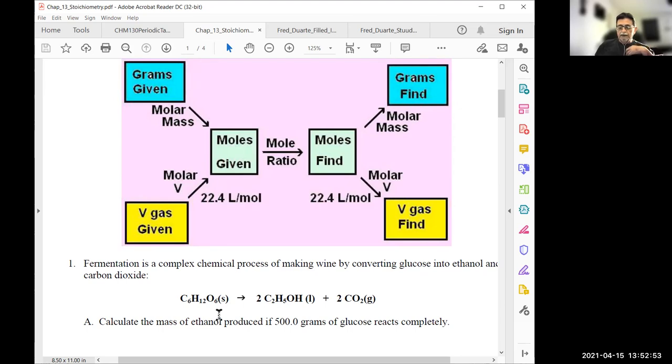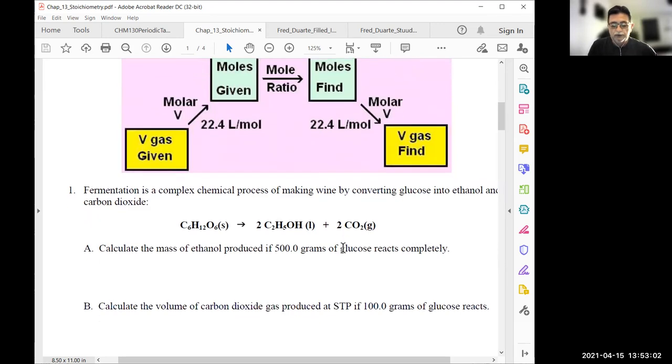Here's the general formula for it, C2H5OH. The structure is written as follows.